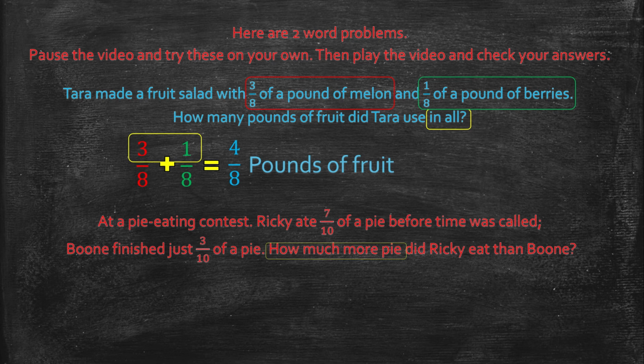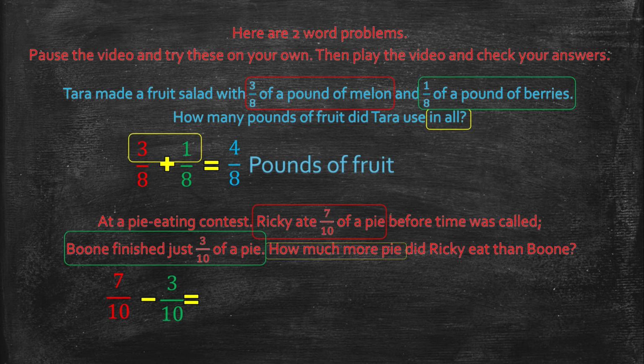Well, remember, that's a subtraction word or words. So Ricky ate 7/10 of a pie. So that's our first fraction. And Boone, he only ate 3/10 of a pie. And because it wants to know how much more pie did Ricky eat than Boone, that's subtraction.